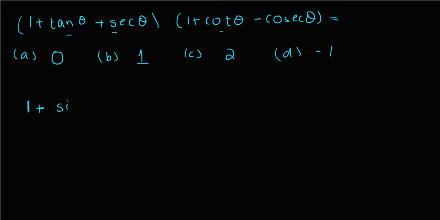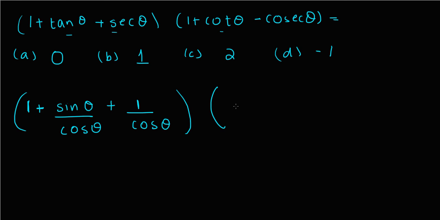Tan theta I know is sine theta by cos theta. And sec theta is nothing but 1 by cos theta. The whole thing into 1 plus cot theta, which is cos theta by sine theta, minus cosec, which is 1 by sine theta.